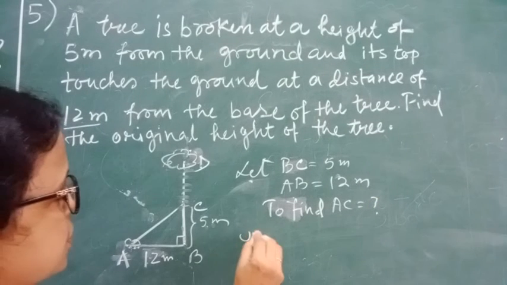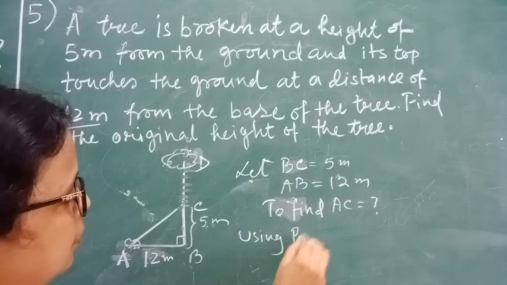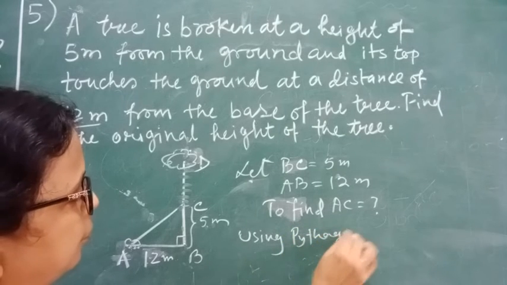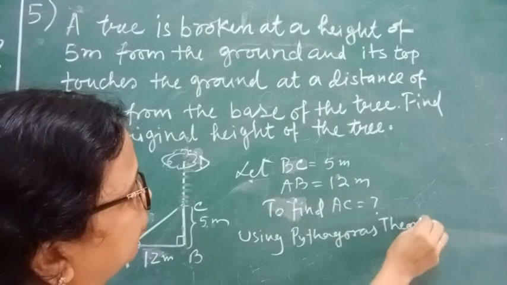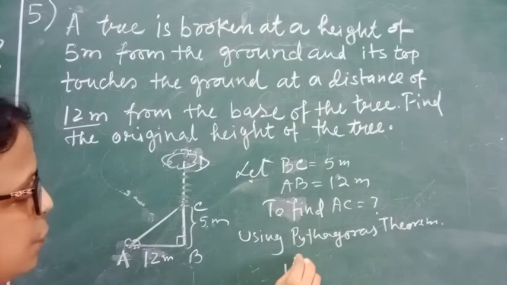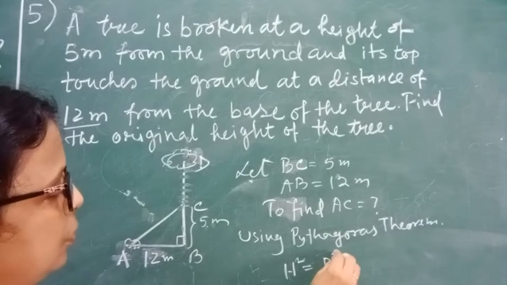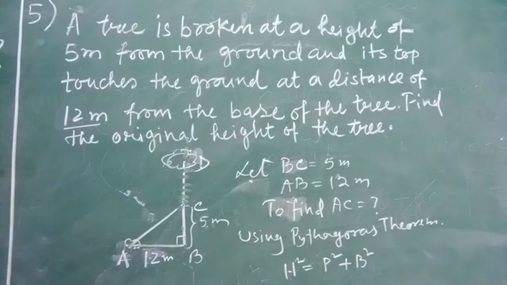Using Pythagoras theorem, you know, hypotenuse square is equal to the sum of squares of the other two sides. So perpendicular square plus base square.